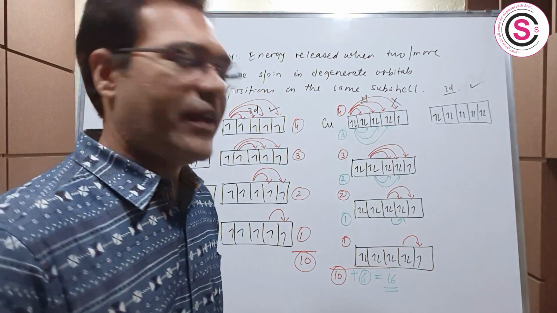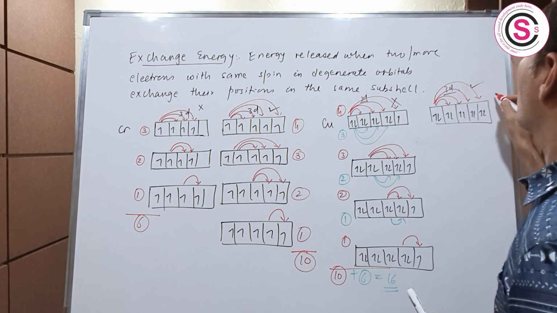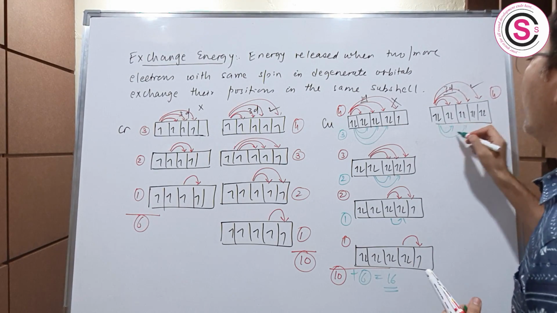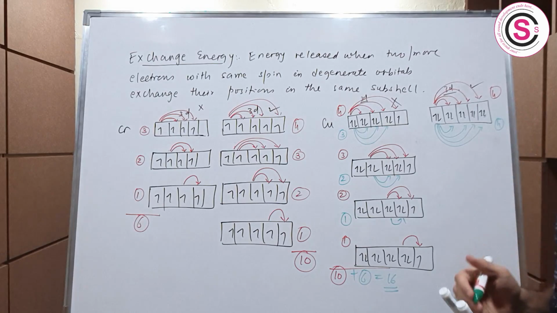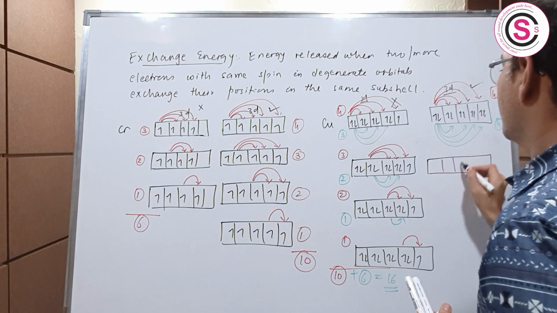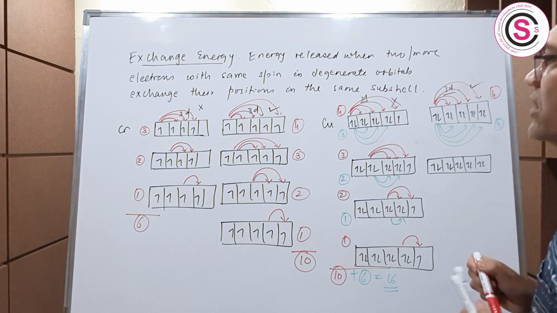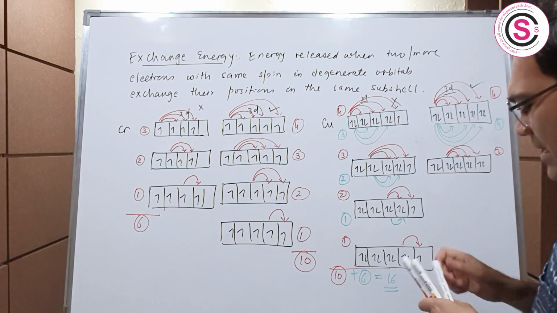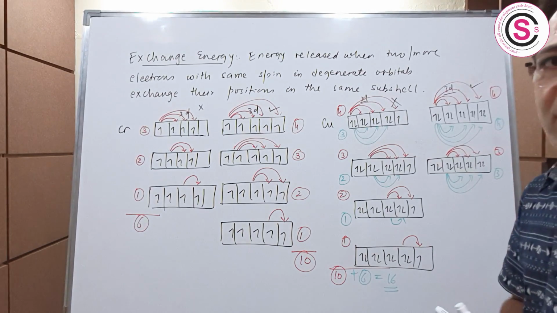Let us see the number of exchanges that can be made here. See, this upspin electron can have a total of 4 exchanges, right? And the downspin electron can have again how many? 4 exchanges, because then the upspin electron can be exchanged with this downspin electron, right? Now, see students, here there are 3 exchanges possible for the upspin electron and 3 exchanges possible for the downspin electron, right?